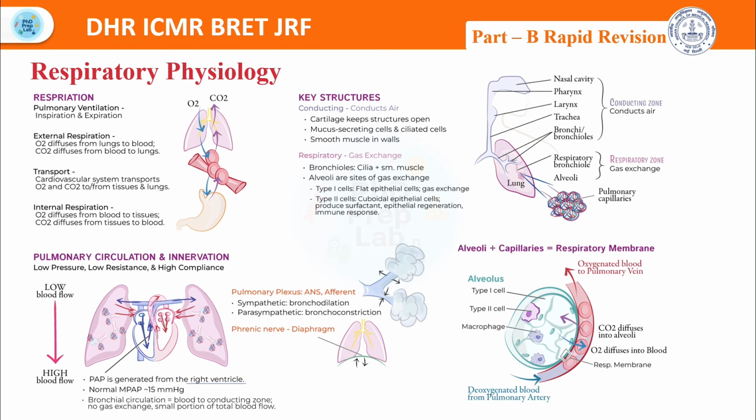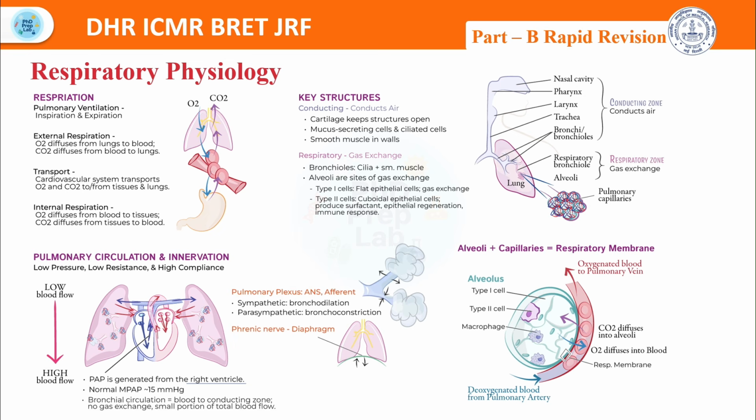Now, alveoli are also of two types, type 1 and type 2. Type 1 cells are the flat epithelial cells responsible for gas exchange. The type 2 cells produce surfactant, which helps the respiratory membrane not to collapse. And the respiratory membrane is made of the alveoli and the capillaries.